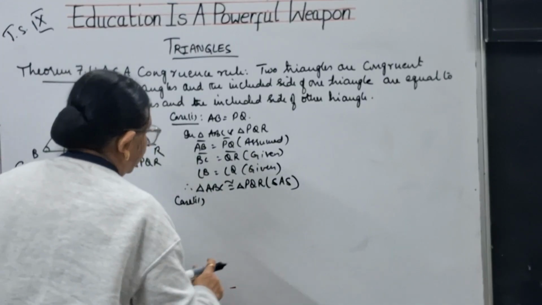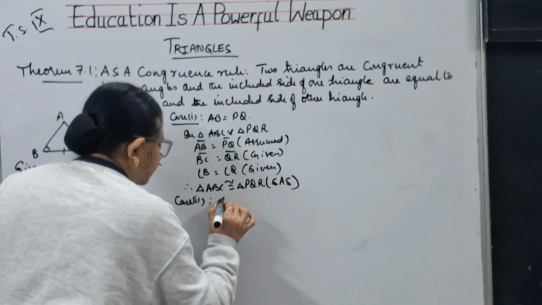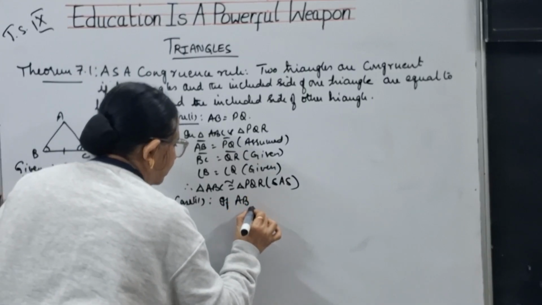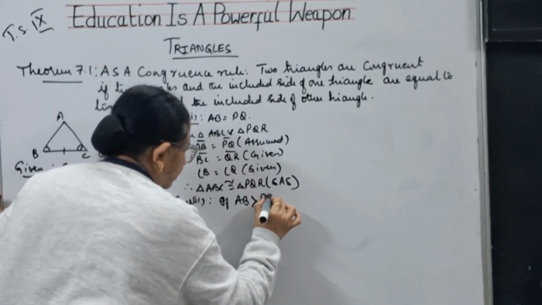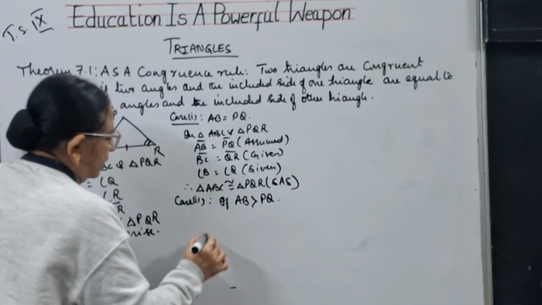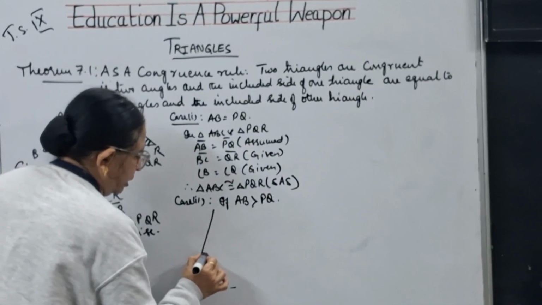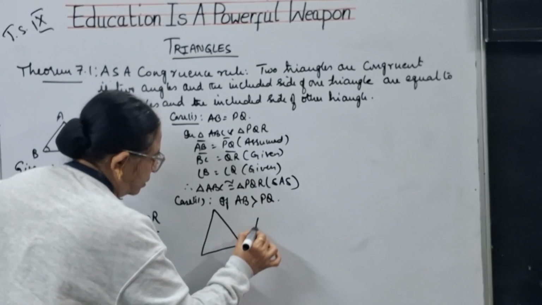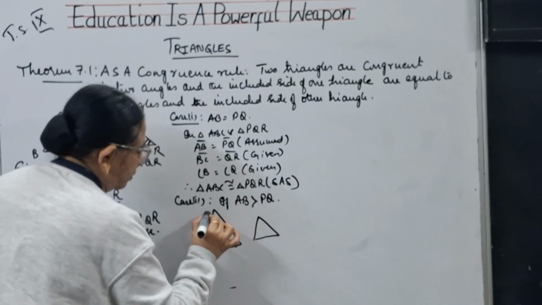Now, let us see what is case 2. If AB is greater than PQ, the figure will be like this. This is triangle ABC. This is triangle PQR.